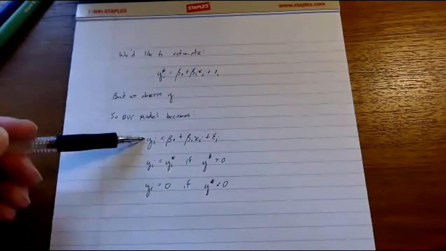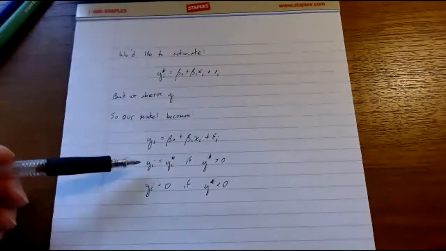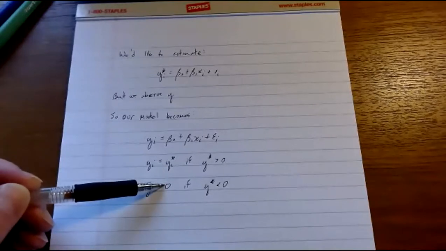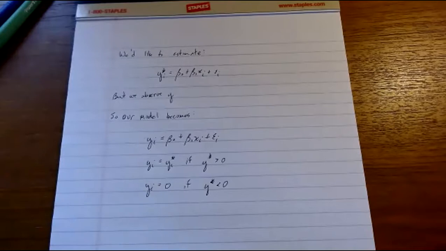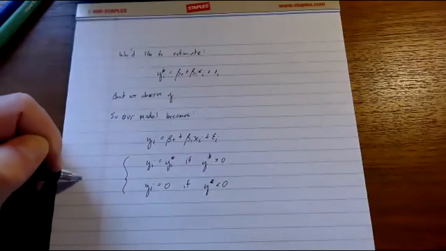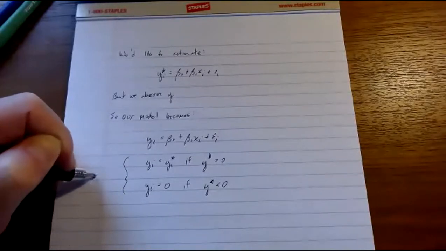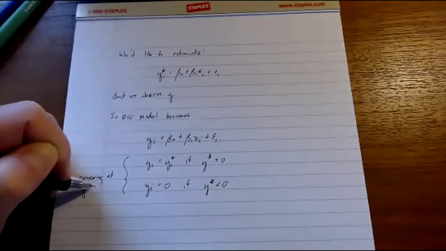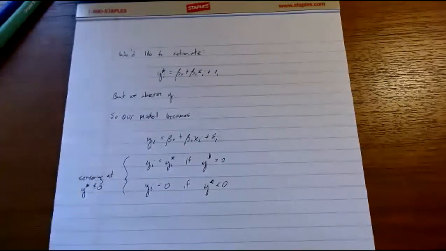So we have a regression model where we observe some values of the variable we're really interested in, but other variable values are not observed, they are censored. Okay, and so this describes censoring at y star equals 0, well, less than or equal to 0.